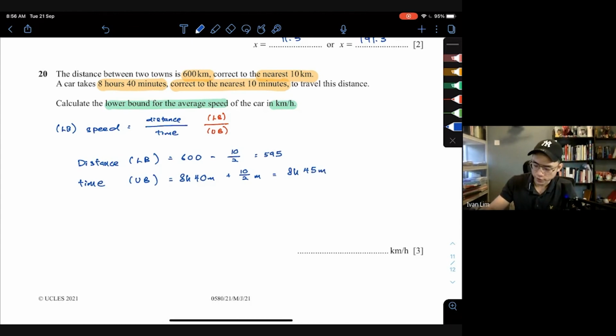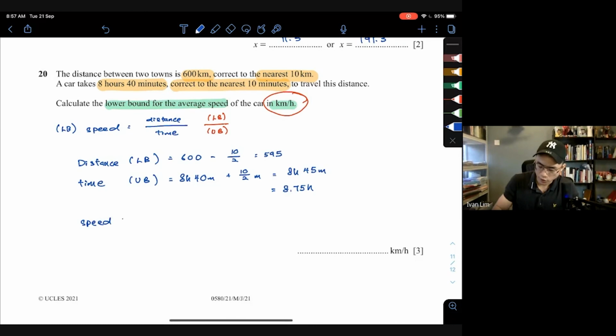However, the final answer they want in kilometer per hour. So I have to change this unit to per hour, which will give me 8 hours plus 45 over 60, which will give you 0.75 hours. So 8.75 hours. Then you can finally find your speed.